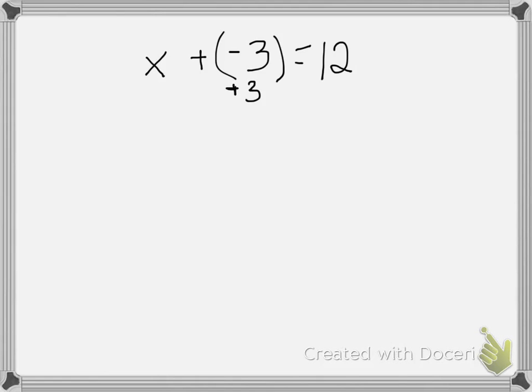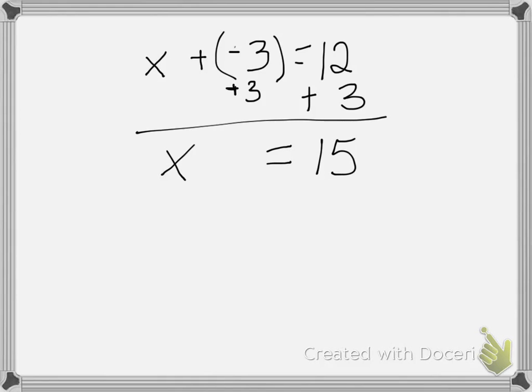It's a little bit confusing because we have plus and negative, but I just ignore this plus sign for a second and focus on the negative 3. How do I get negative 3 to be 0? Well, if I add 3 to negative 3, then it's 0. Whatever I do on one side of the equal sign, I have to also do to the other side. So 12 plus 3 is 15. So I have x equals 15.